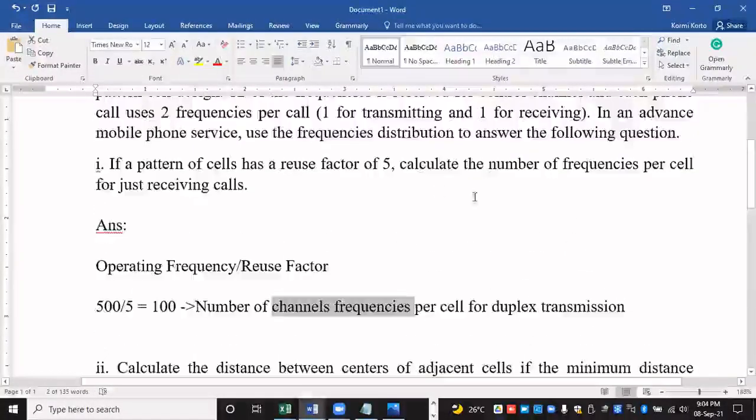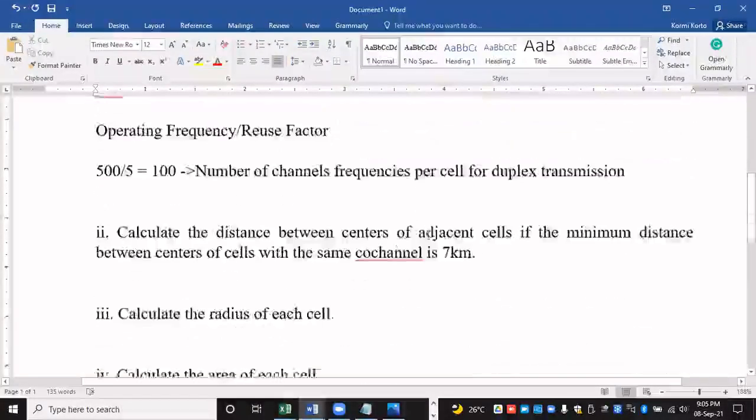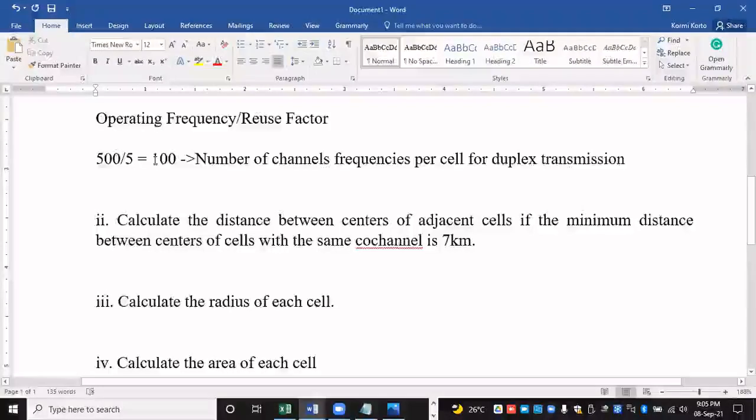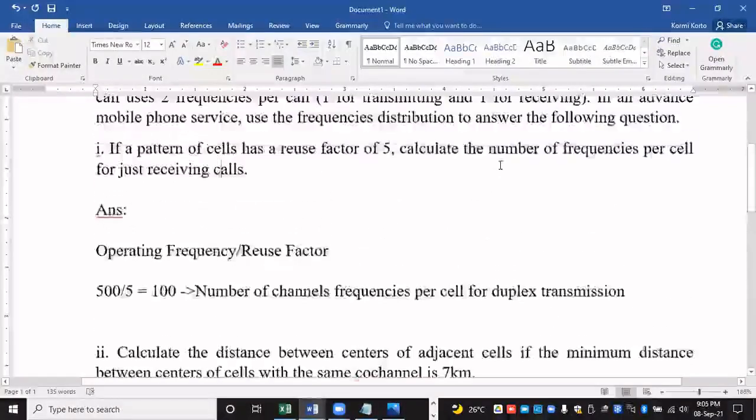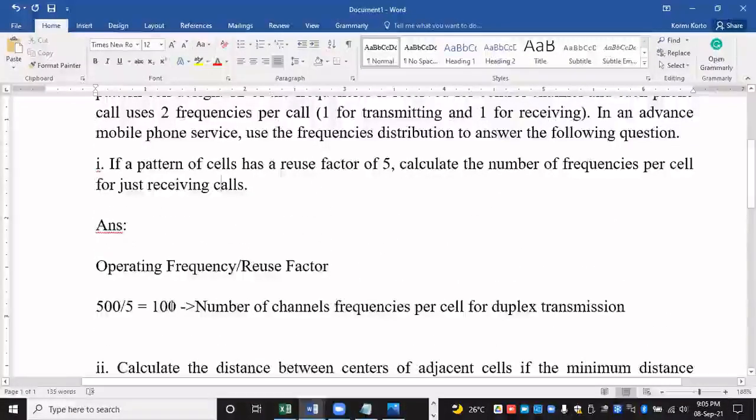But I look at the question again, it says calculate the number of frequencies per cell for just receiving calls, not for transmitting as well. So if you have 100, which corresponds to duplex, both transmitting and receiving, and you only want the receiving, it's just going to be divided by 2.